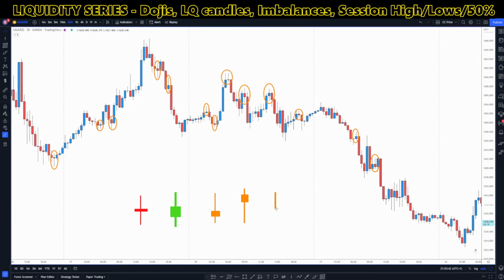And some may have no body whatsoever, could just be a straight line. In Japanese candlesticks there's a whole bunch of different names, like gravestone doji, dragonfly doji, whatever. They're all roughly the same.